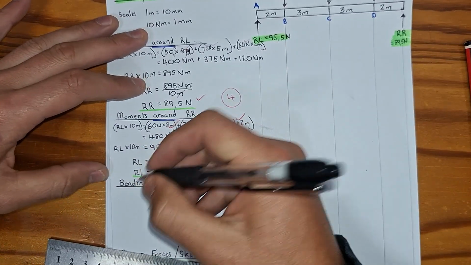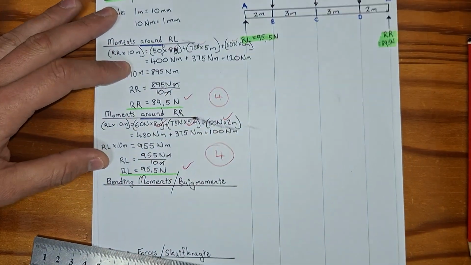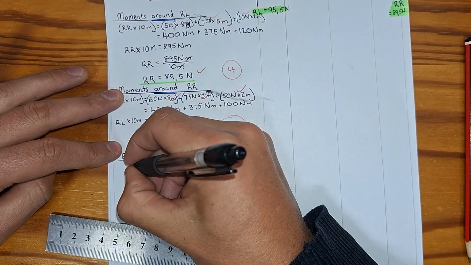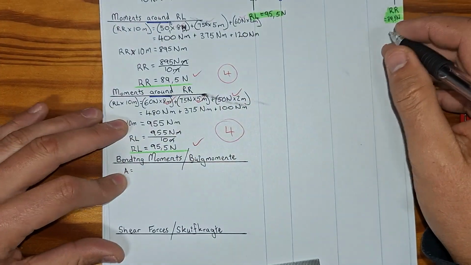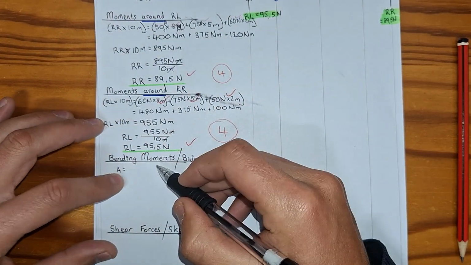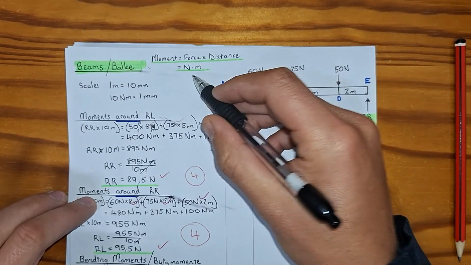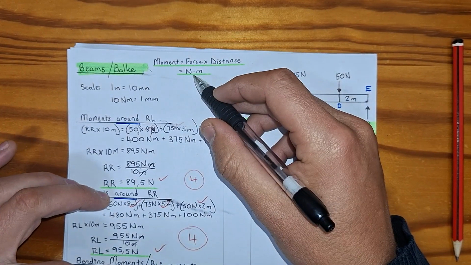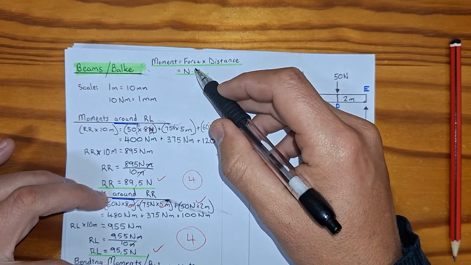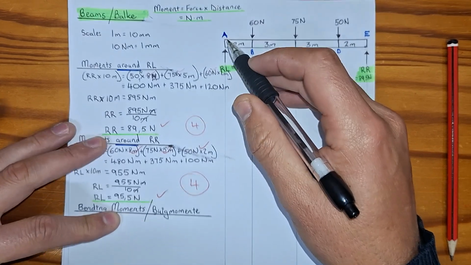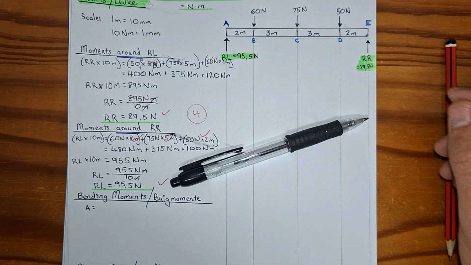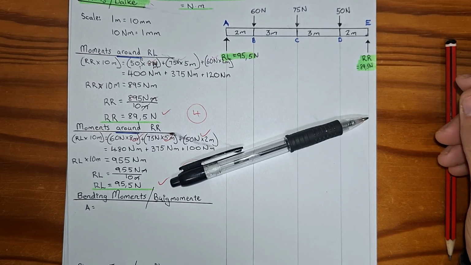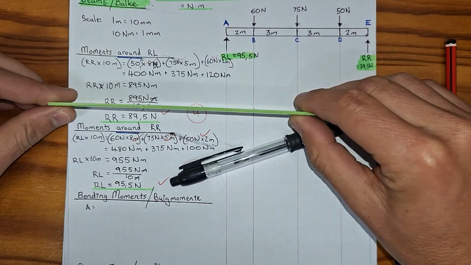So firstly, the bending moment at A. A bending moment, make a note of this for yourself, is equal to a force times a distance. Normally when I explain this, think about a ruler.